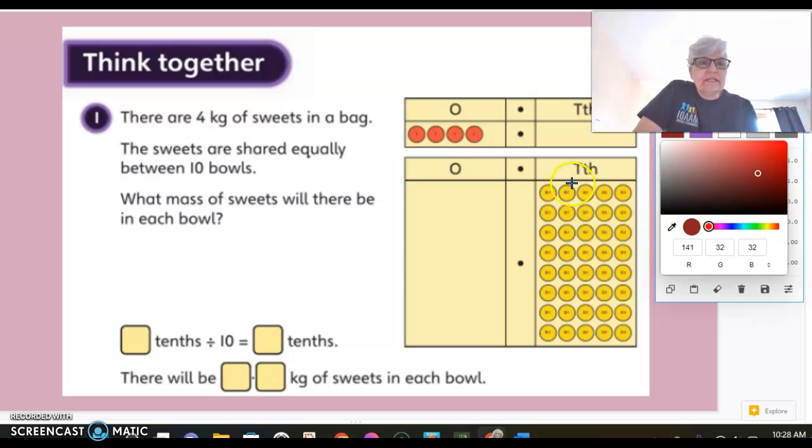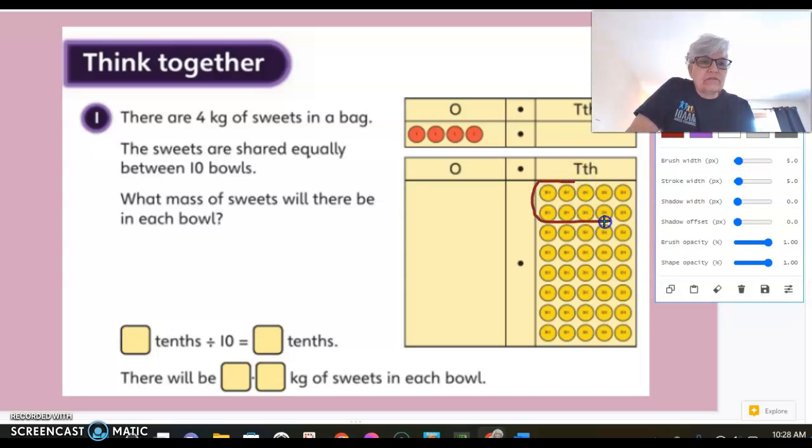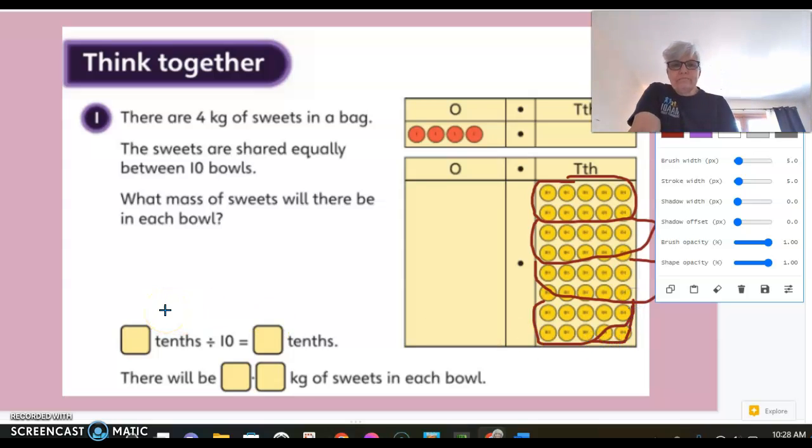Then you can see that you've got 4 groups of 10 tenths. So what mass of sweets will there be in each bowl?